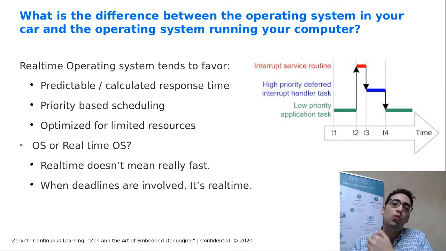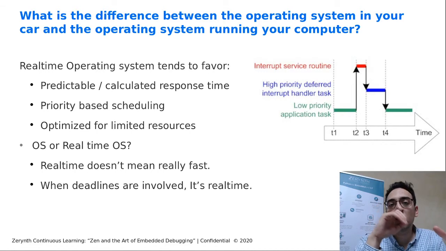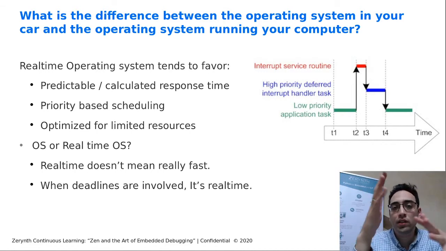I'm saying real-time operating system. Real-time here means that there are deadlines and that we are concerned with the response time and with the latency. But that does not mean it's fast. Real-time does not mean fast. Fast is very relative. What real-time means is that we can calculate the timing of essentially each operation.